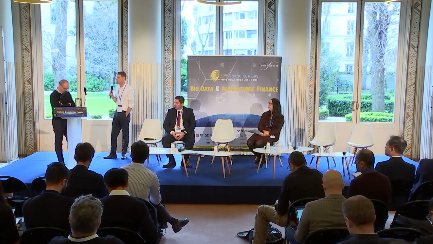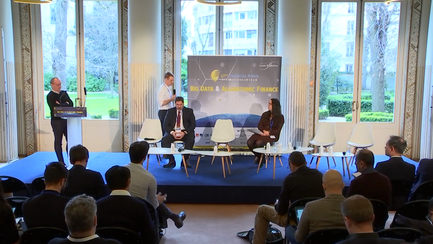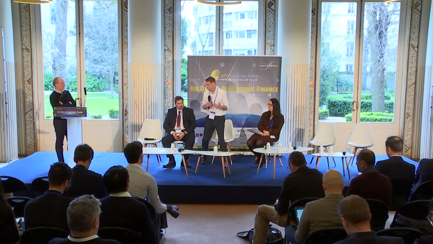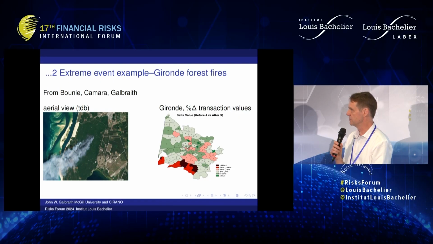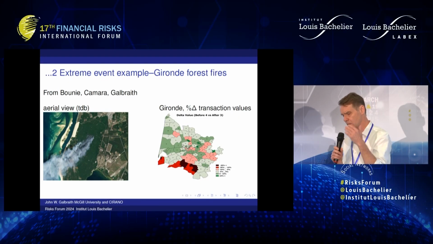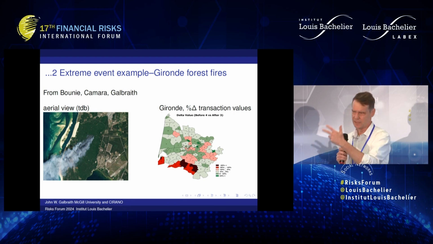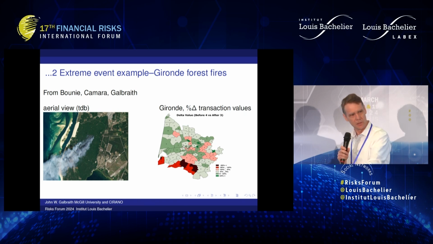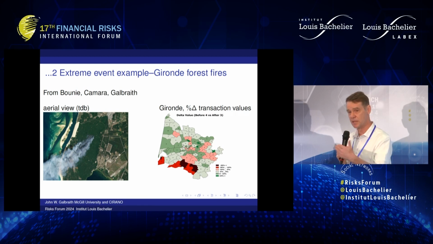So it becomes possible to look at the effects of extreme events over really quite small geographical areas within the scope of this photograph. It becomes possible also to treat events such as floods, where unlike a fire, where the effect is reasonably widespread within a certain area, if you have a flood, you may have devastating consequences on one side of the street and nothing on the other side of the street. So you need very finely detailed data in order to be able to distinguish areas within a general flood zone which were affected or are unaffected.